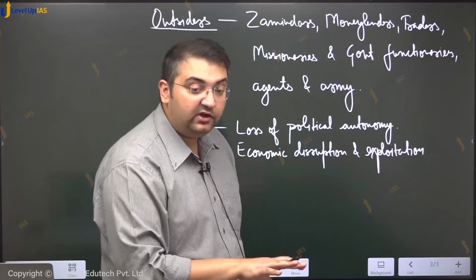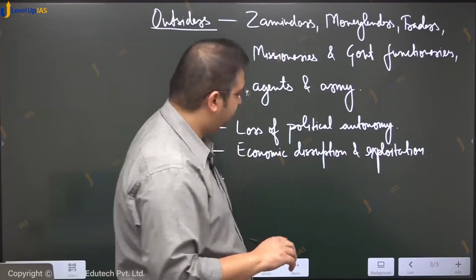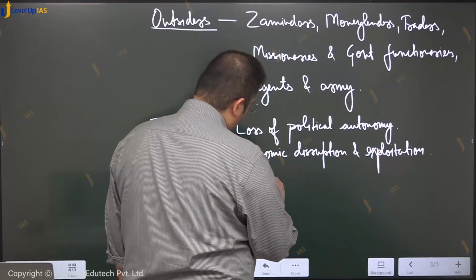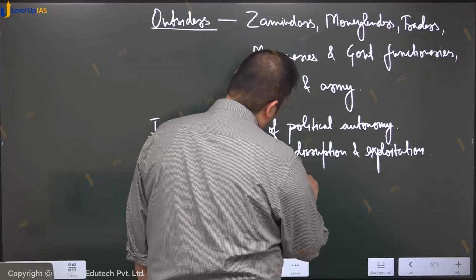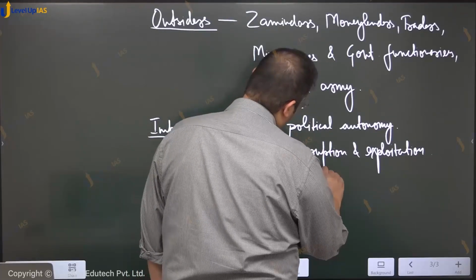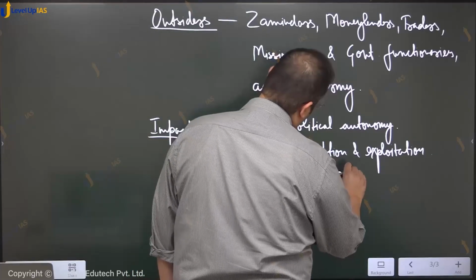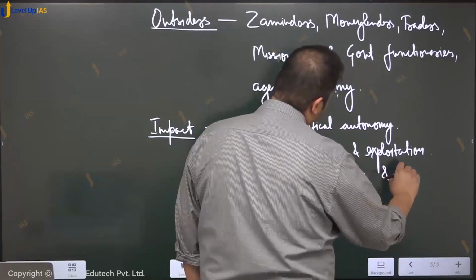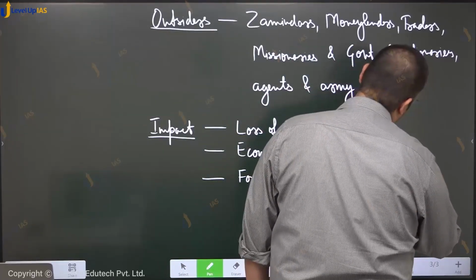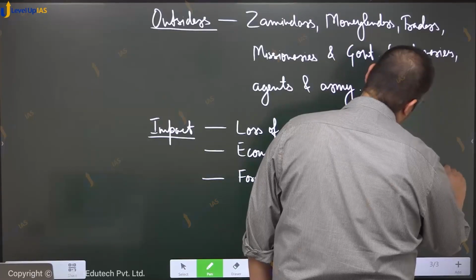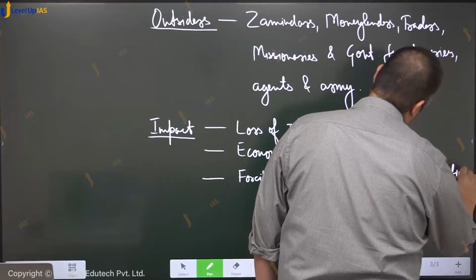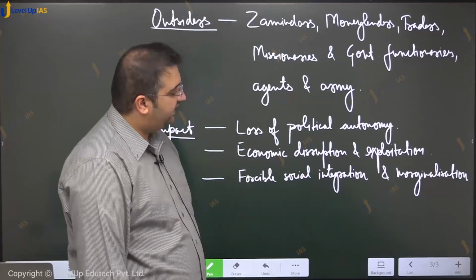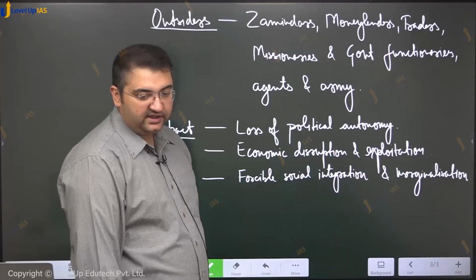So they were given the lowest of the low positions. Forcible social integration and marginalization.